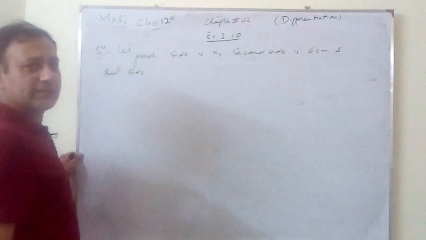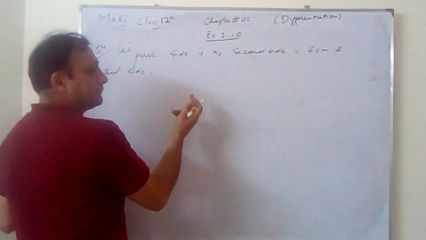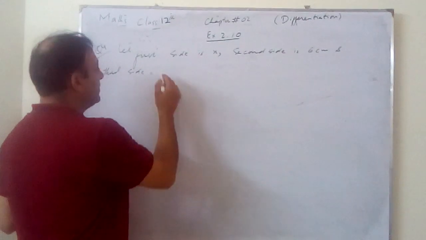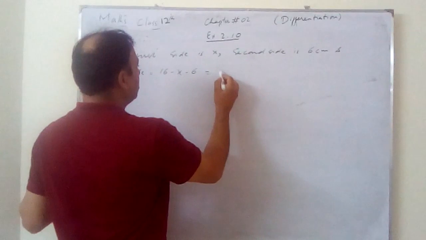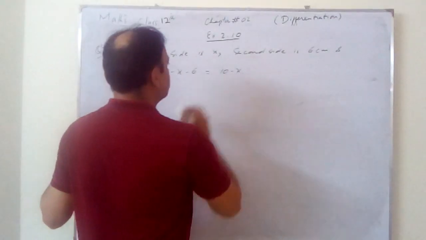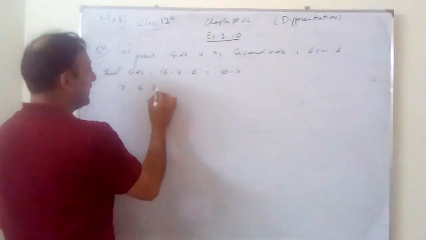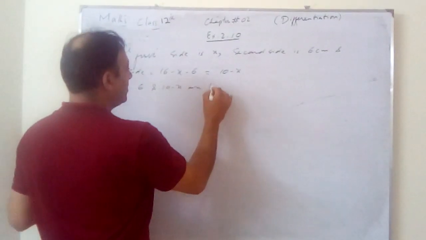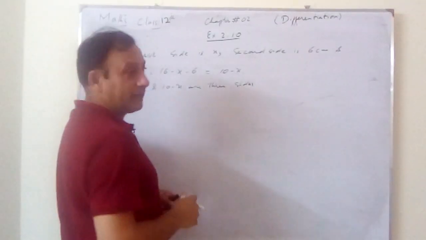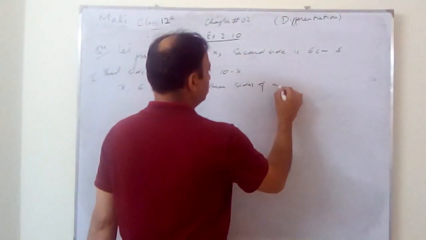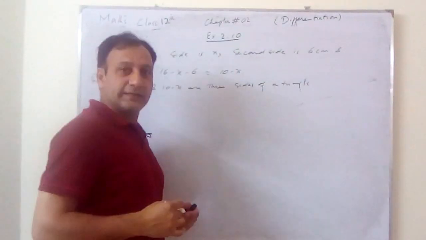The total perimeter is 16, one side is x, the other side is 6, so the third side is 10 minus x. So x, 6 and 10 minus x are the 3 sides of a triangle.